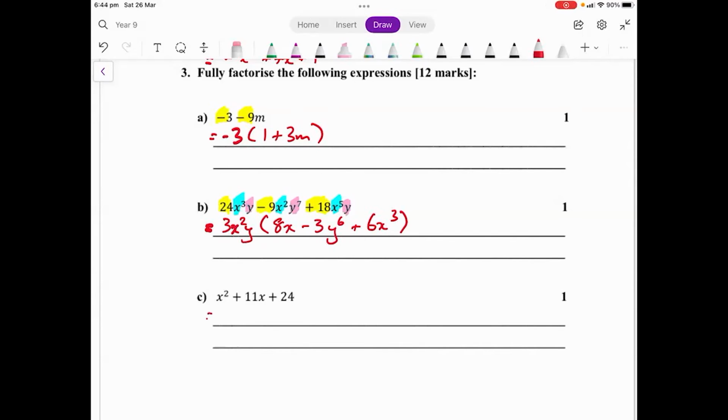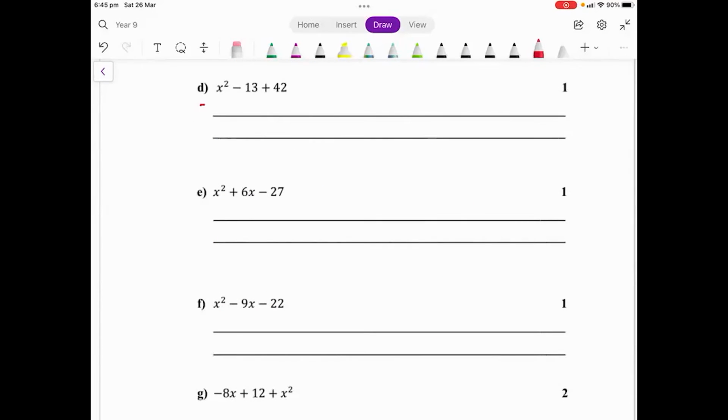Question C, I'm factorizing a monic trinomial. I need two numbers that multiply to give 24, but add to give 11. That's 8 and 3. Final answer, x plus 8, x plus 3. Question D, I need two numbers that multiply to give 42, but add to give minus 13. That's minus 6 and minus 7. So that gives me x minus 6, x minus 7.